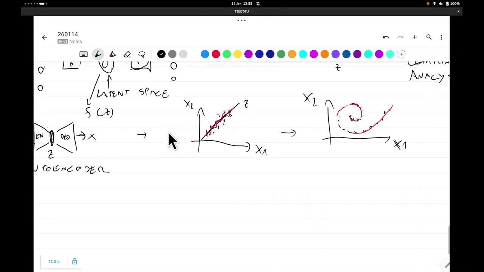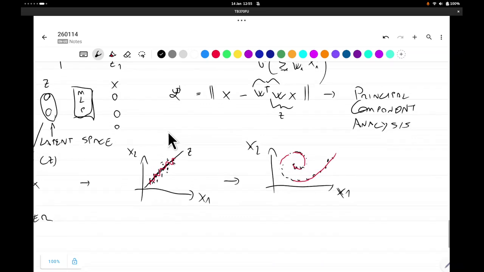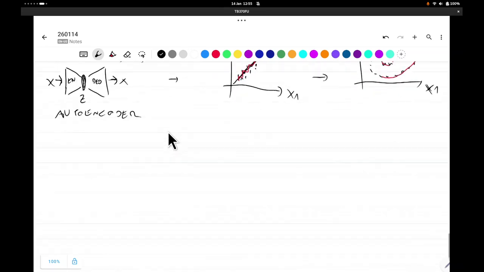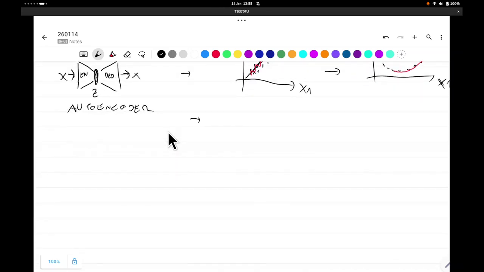So if I train a problem a little bit like this, I just want my x and x to be as close as possible. So I construct a loss function that is just the difference between x and x, and then I give the architecture and I train my network.